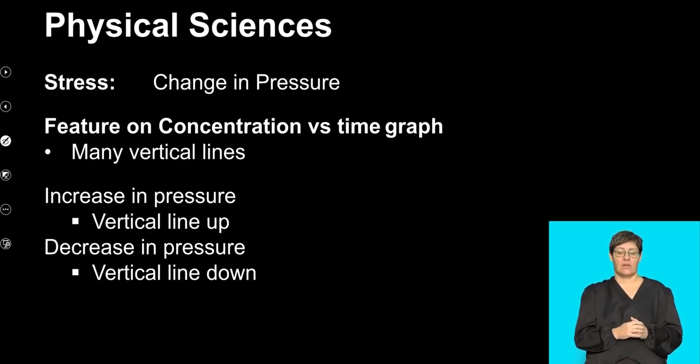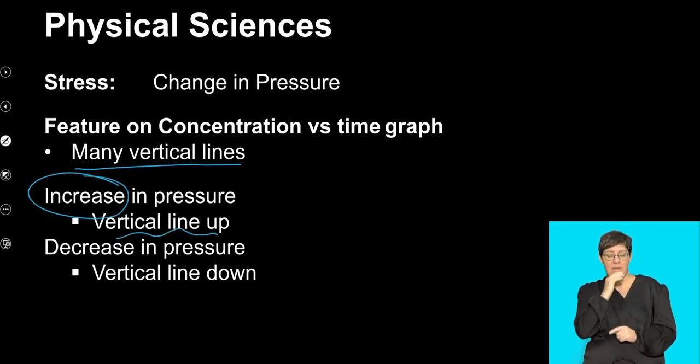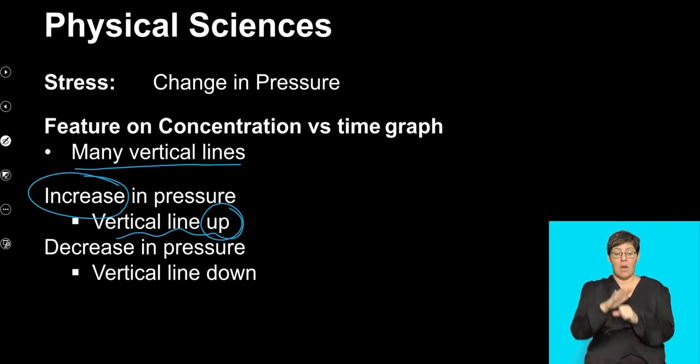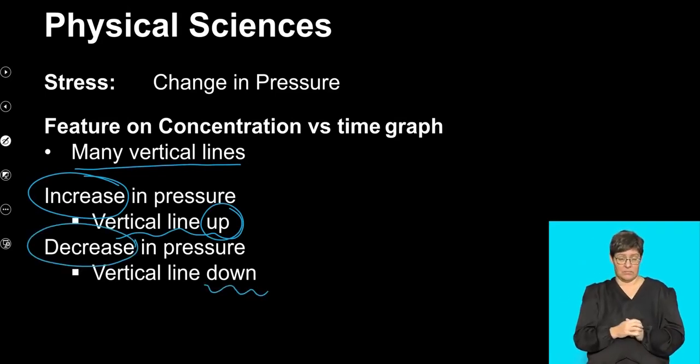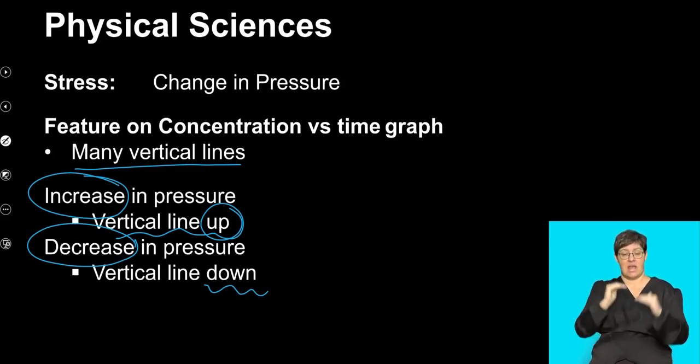When we look at the stress of change in pressure, the feature on the concentration time graphs is always many vertical lines. If the pressure is increased, those vertical lines will be up. If the pressure is decreased, the vertical lines will be down. And then only we show the effect of equilibrium.